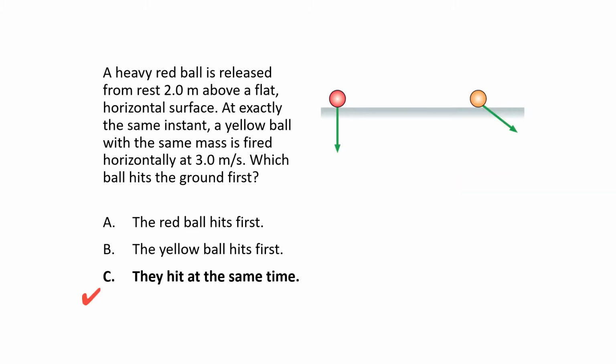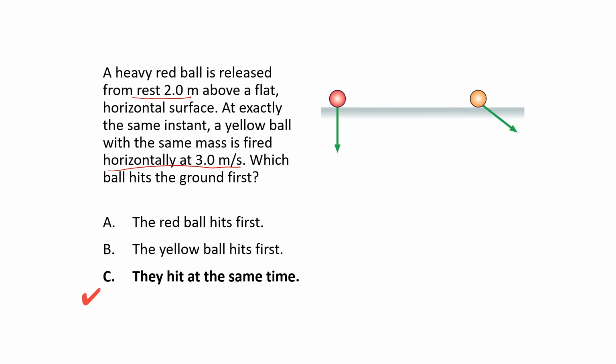As you can see here, they hit at the same time. They are both falling from rest. The heavy red ball is falling from rest at 2 meters, and the yellow ball is being fired horizontally at 3 meters per second at the same height. That 3 meters per second actually does not contribute to calculating that time.